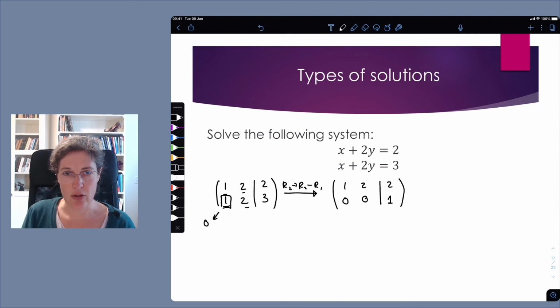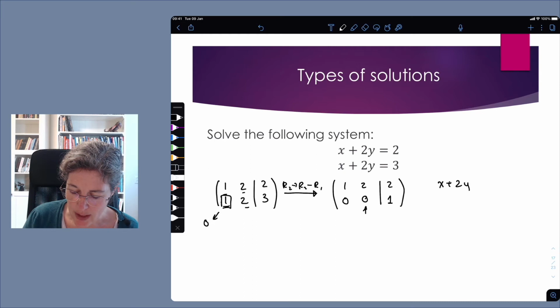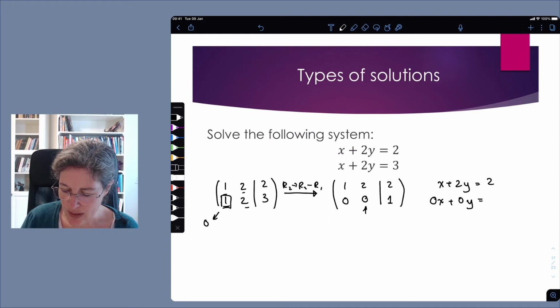And at this point, you look at it and go, but what does that mean? Because ideally, we would want a 1 here, but we don't have it. Always come back to thinking, what are the equations that this is saying? Well, this has become a set of equations that says x plus 2y is equal to 2, which is fine, and 0x plus 0y is equal to 1, which is kind of crazy.